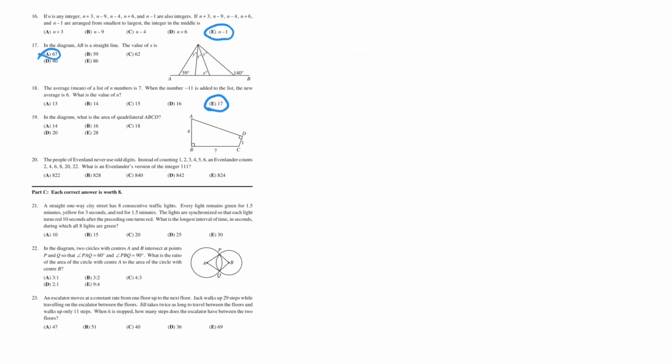Number 19. In the diagram, what is the area of quadrilateral ABCD? Now we connect AC. The quadrilateral is now divided into right triangles, so we need to figure out AD.